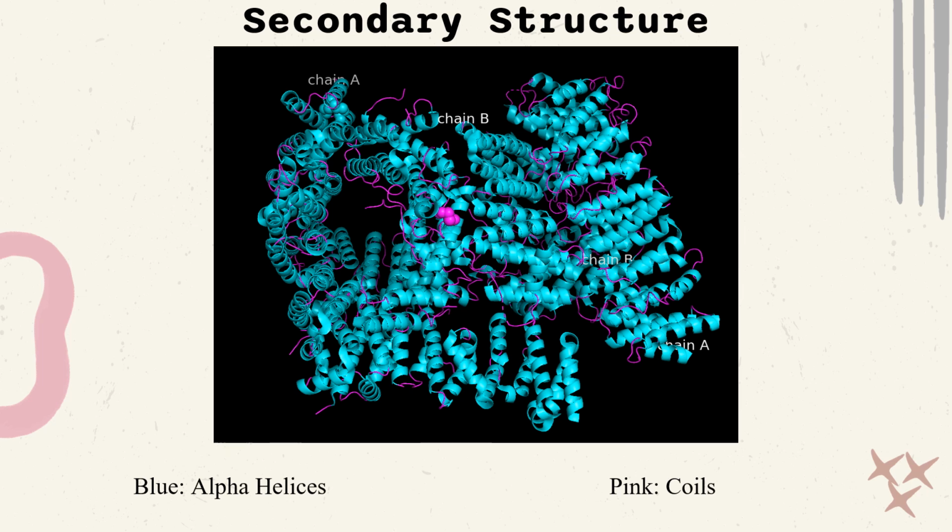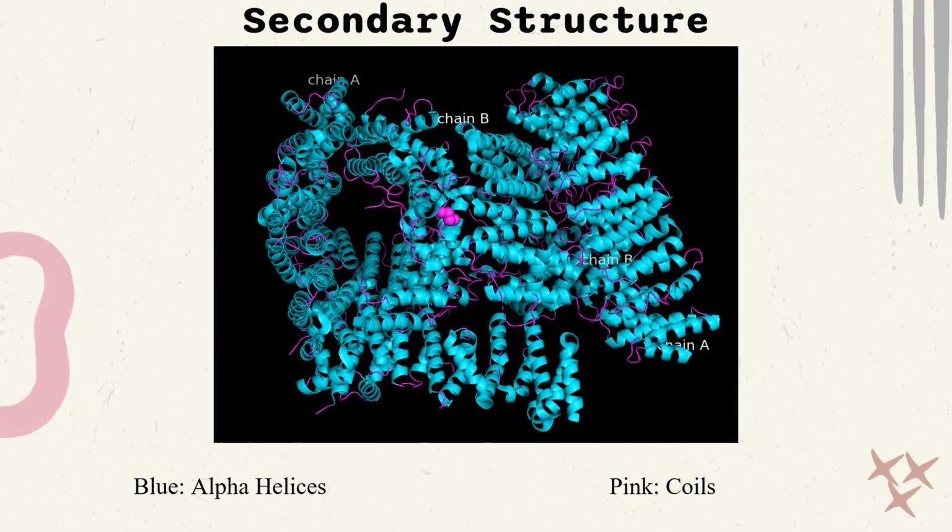In the case of the Huntingtin protein, which is a large and complex protein, its secondary structure is not fully characterized, especially considering its size and the fact that it contains regions with repeated glutamine sequences that can affect its folding. However, it has been found that it is almost entirely comprised of alpha helices, as seen in this photo by the blue.